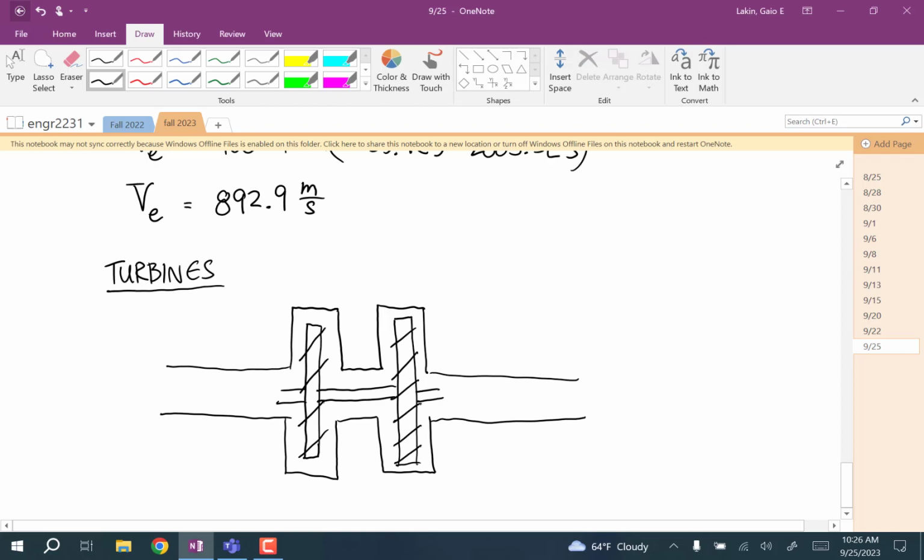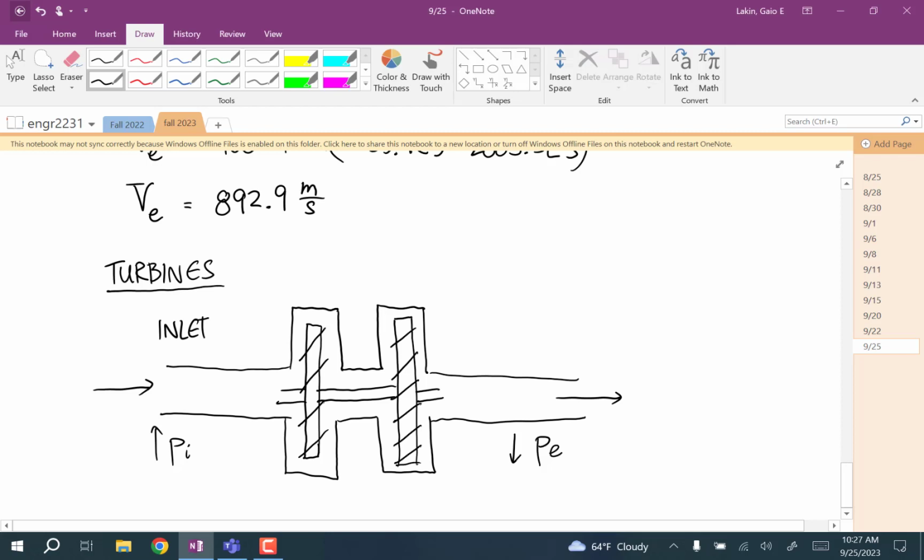Okay, so the fluid flows this way. And we have a high pressure at the inlet and a low pressure at the exit.